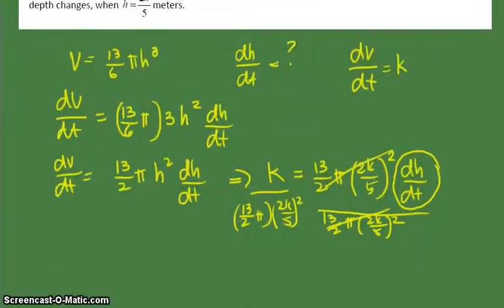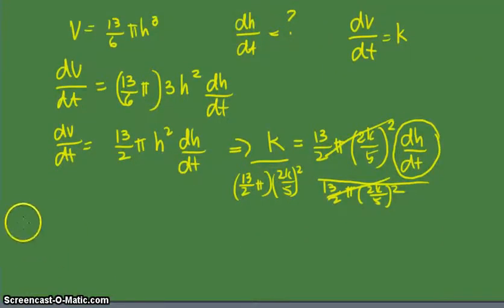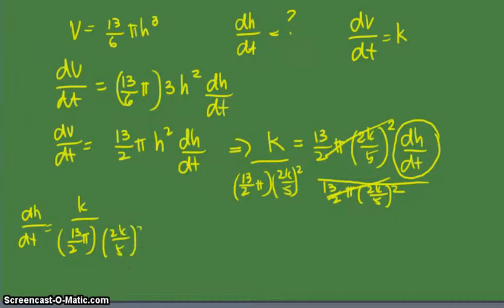So we have dh over dt is k over 13 over 2 pi times (2k over 5) squared. If I simplify this, it is equivalent to 13 over pi over 2, and (2k) squared means 4k squared, 5 squared means 25.